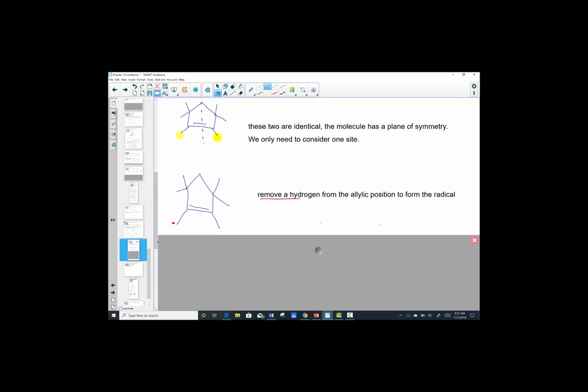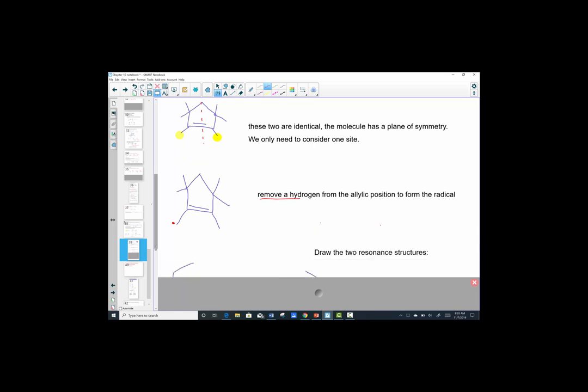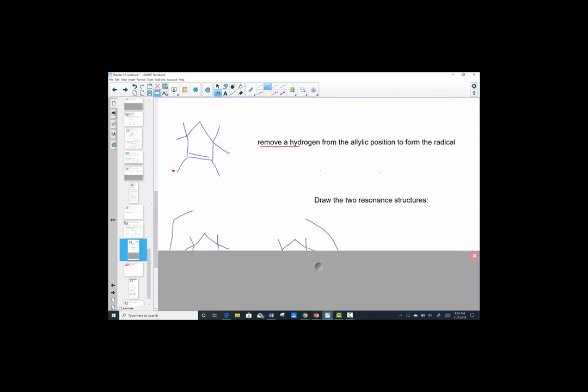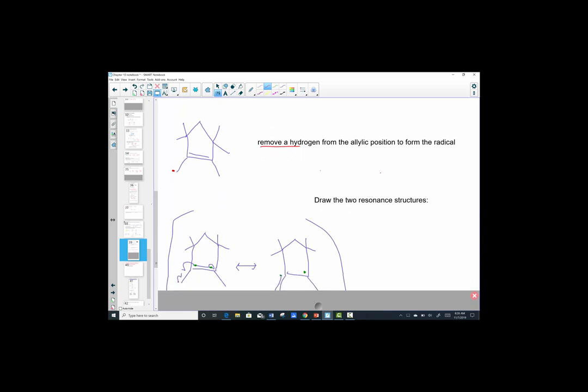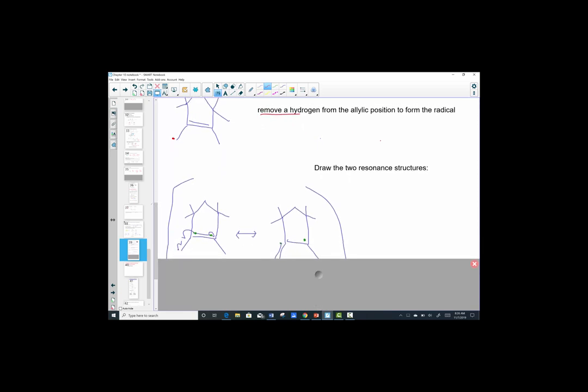Draw the resonance structure for these allylic positions. Draw the 2 possible resonance structures, and this is what we end up with. We can see the original electron, the original picture, would shift with 3 fish hooks to form a new pi bond and a radical in this position. So the site of addition of the bromine will be at the end of the allylic position here.